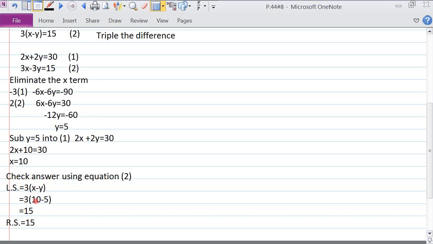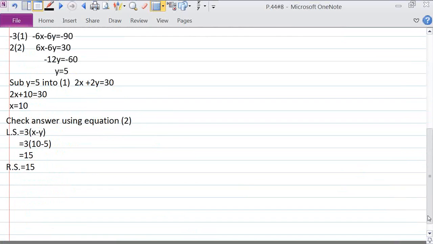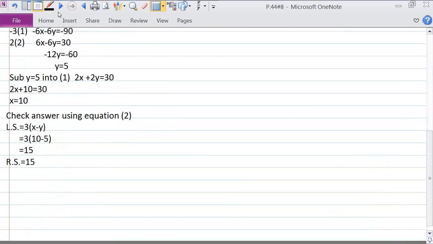I do 3 times 10 minus 5, and 10 minus 5 is 5. 3 times 5 is 15. And the right side of equation 2 is 15. So I've shown that the left side equals the right side.